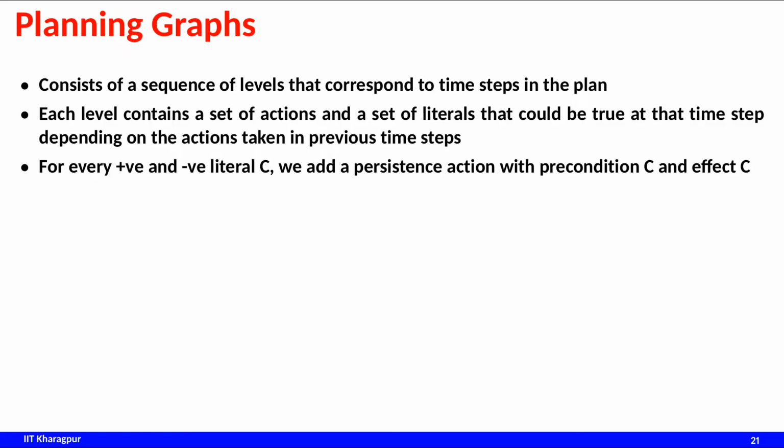So earlier in partial order planning, we have the initial state and the goal state, we look into the goals, find out the sub goals in the goal state, and then we try to achieve those sub goals by searching over the different actions that we can apply.